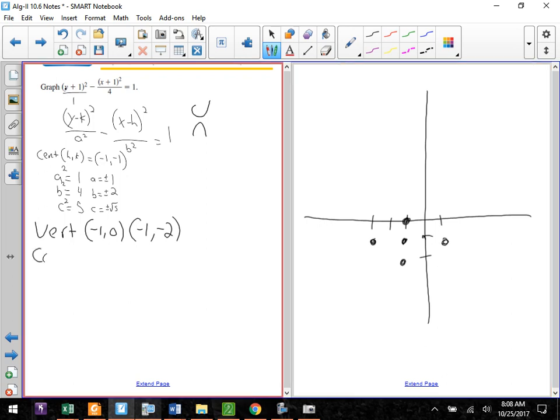So our co-vertices are going to be at -3, -1 and 1, -1. All we're trying to do is just count things out. Now we do our dotted line, very good.